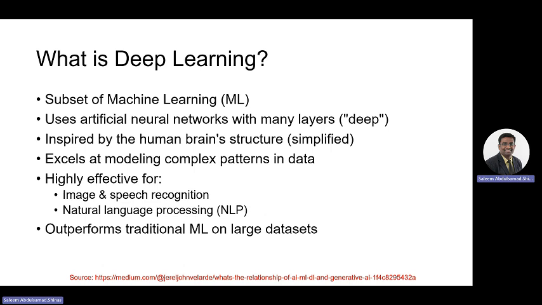When you feed the data, it passes through layer by layer, and finally it makes the decisions. Deep learning is mainly used for complex decision-making tasks such as image recognition, speech recognition, and language processing. Deep learning is the base for generative AI.